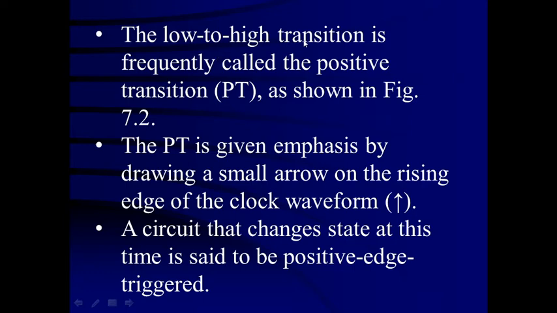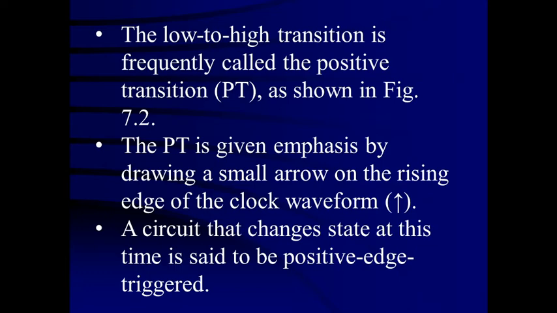The low to high transition is frequently called the positive transition (PT), as shown in figure 7.2. The PT is given emphasis by drawing a small arrow on a rising edge of the clock waveform. Like this arrow, which indicates that the circuit will respond when the clock pulse is changing its level from low to high.